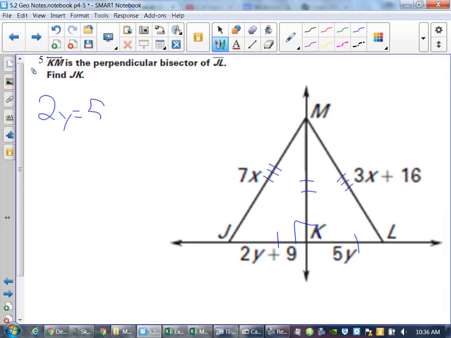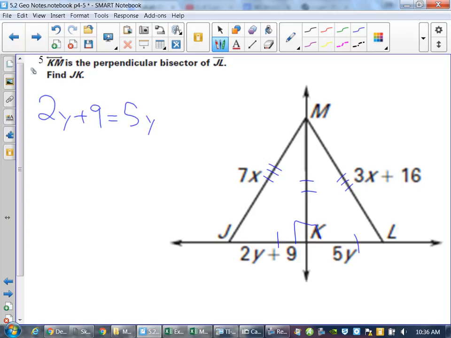Do you do that every time? If you're on the perpendicular bisector, yes. If you're on the perpendicular bisector, this always happens. Always. Why does it make the bottom two lines equal?